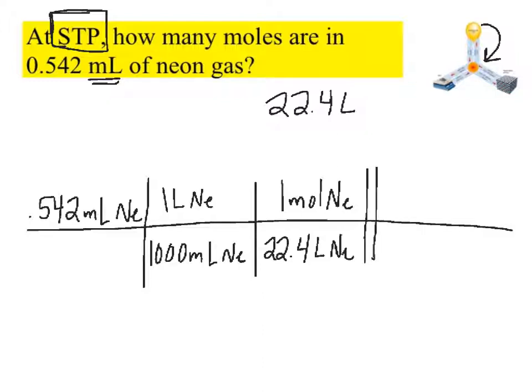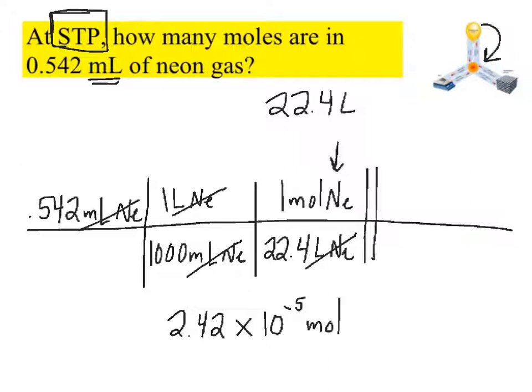And I'm done. Milliliters cancels, liters cancels, and now I'm left with moles, which is what I wanted. And the answer that I get is going to be 2.42 times 10 to the negative 5th moles of neon.